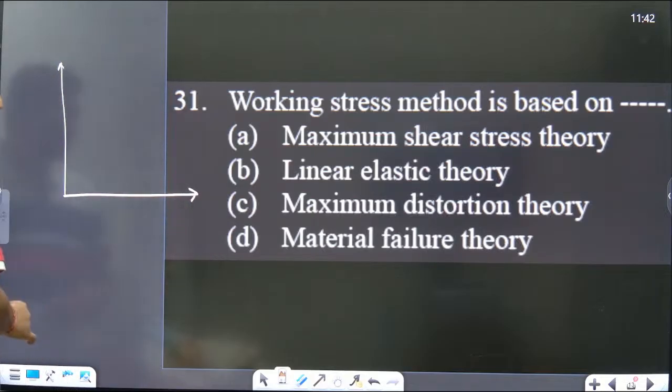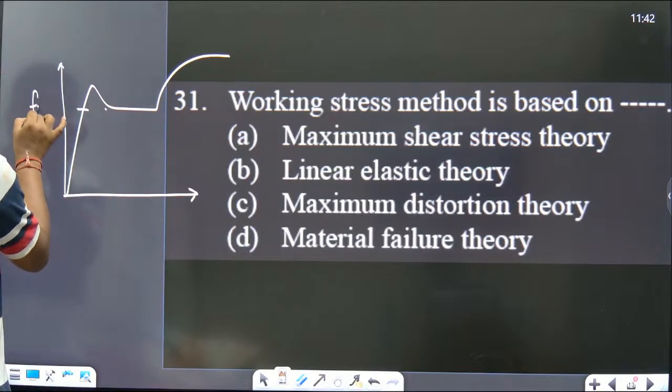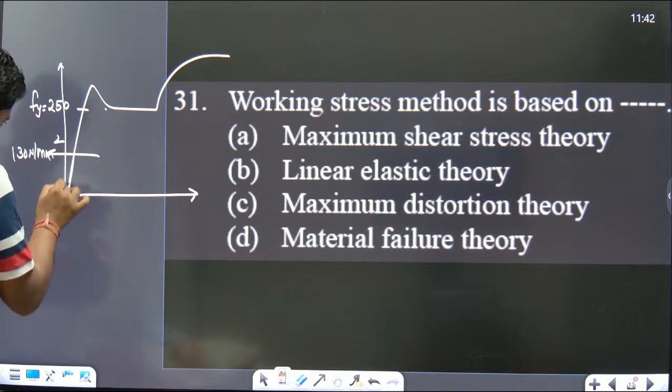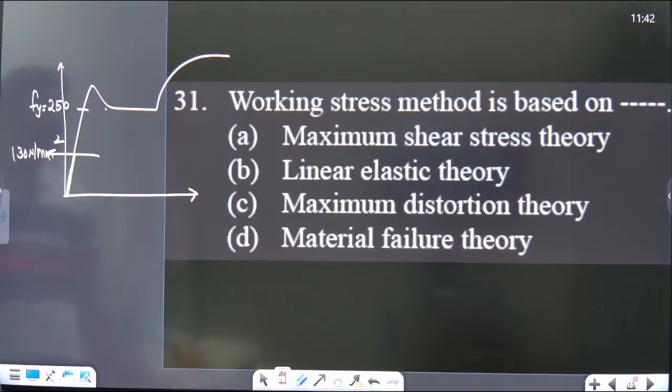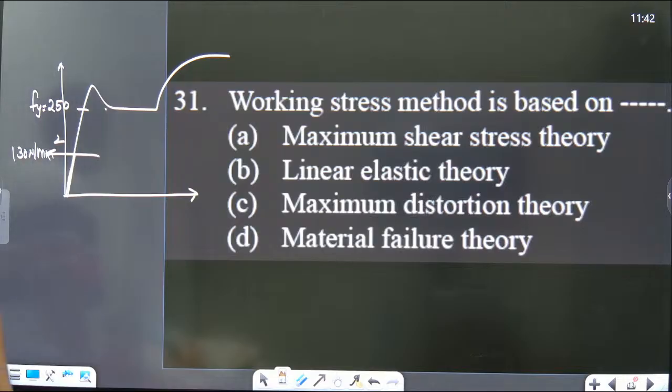The yield value is 250 Newton per mm square, but you are permitting only 130 Newton per mm square. So you can see this value is in the elastic range, and it is linear elastic. Understood everyone?